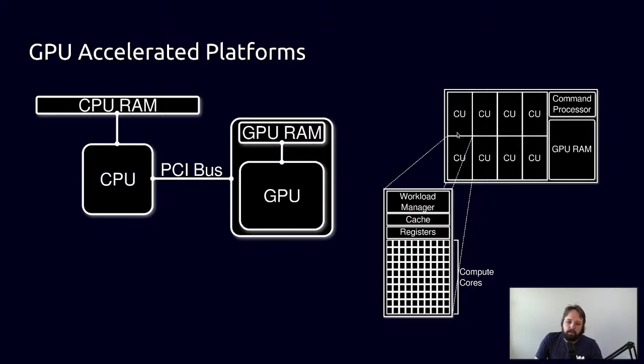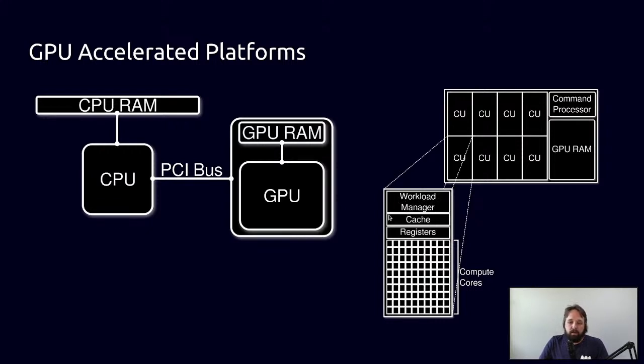Now on each of these compute units, there is sort of a micro architecture, another layer of architecture that's available. So you have yet again another workload manager, or on the NVIDIA GPUs, these were called warp managers or warp schedulers. I think actually on the AMD cards, these are called wavefront schedulers.